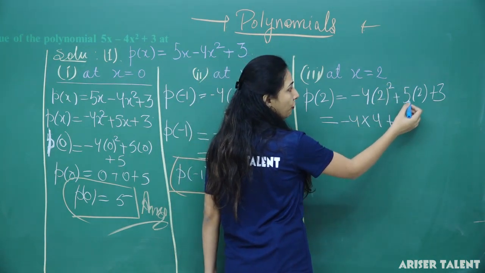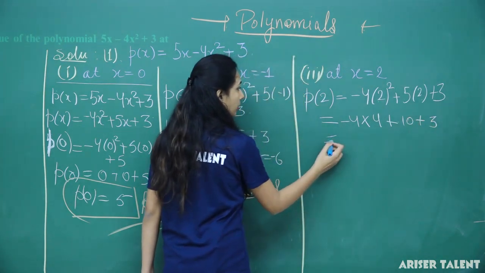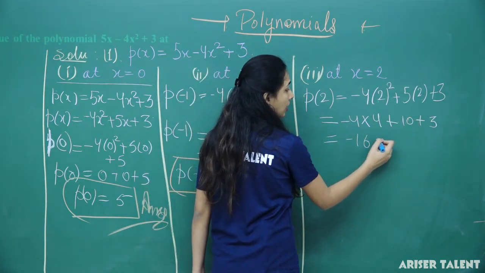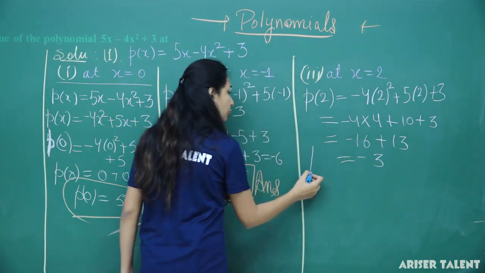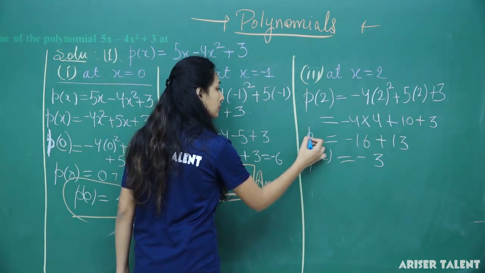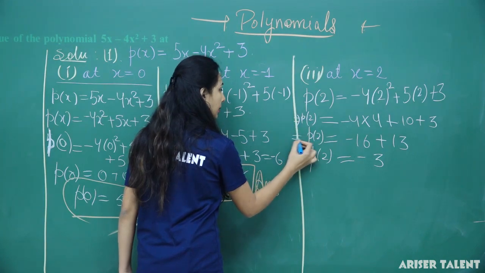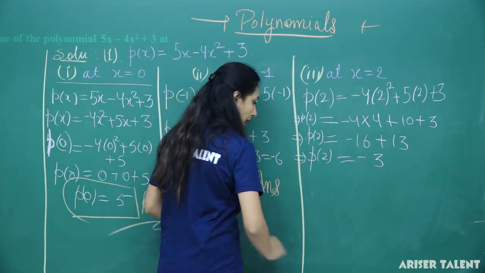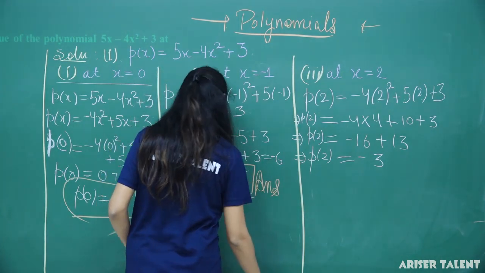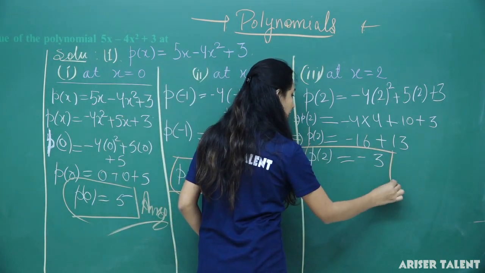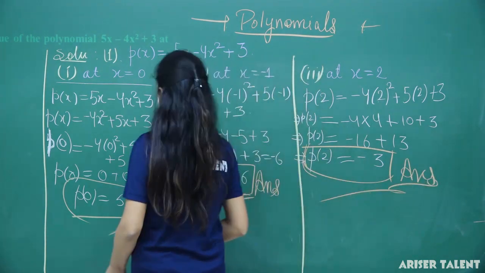Now 5 multiplied by 2 is 10 plus 3, so it will be minus 16 plus 13. Now that will be minus 3 for sure. So P of 2 will be minus 3, right? So that will be your answer.